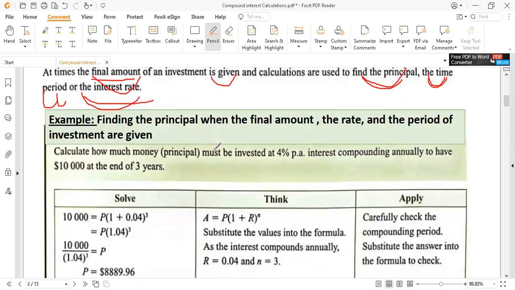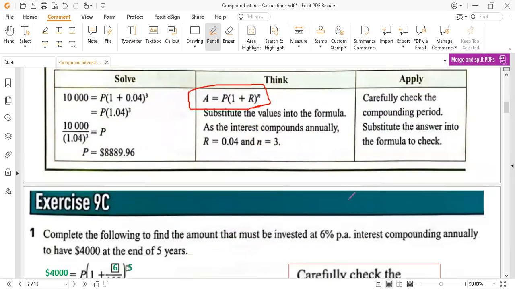What is the equation in interest? The equation is the formula that we already have: big A equals P, the principal, times (1 plus big R) to the exponent n. We should be very careful when checking the compounding period and substituting the values correctly to obtain the intended answer.